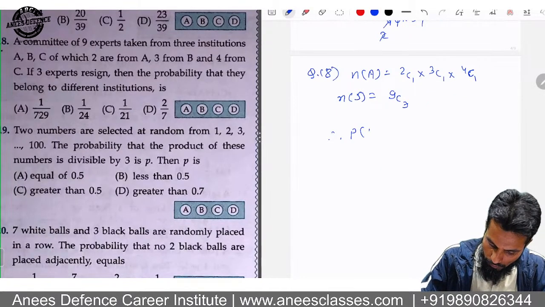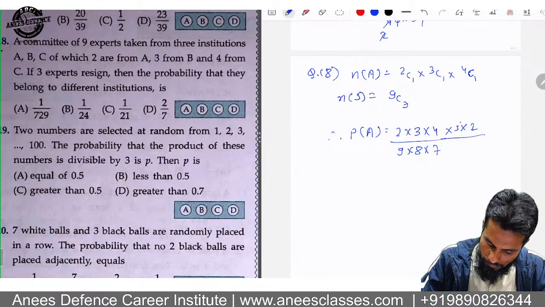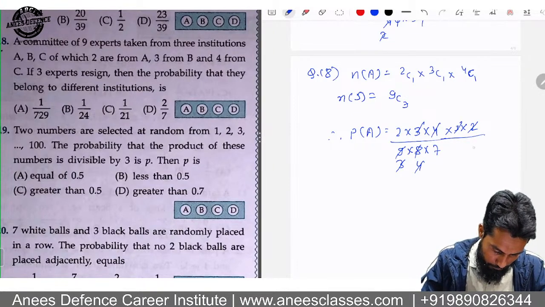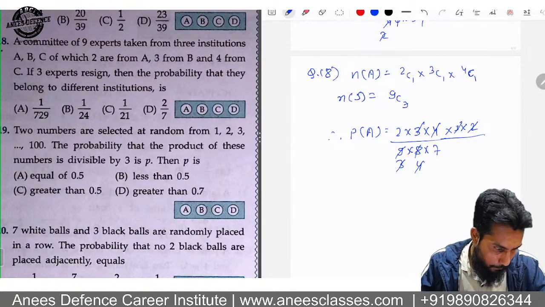Probability of A is equal to 2 multiply with 3 multiply with 4 divided by 9·8·7, and in the numerator you can write 3 into 2. With this 3 you can cancel the 3, and with this 2 you can cut the 4. 2 by 7. 2 into 3, 6 by 7 you are getting.